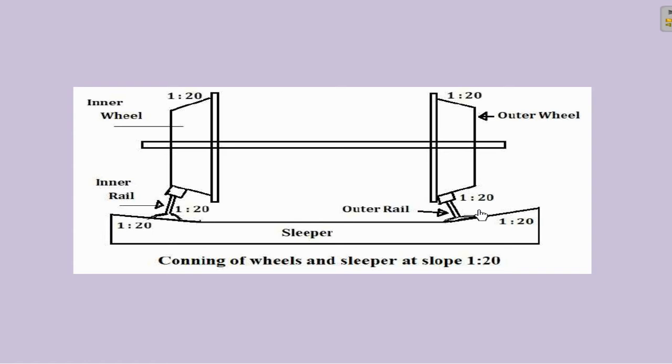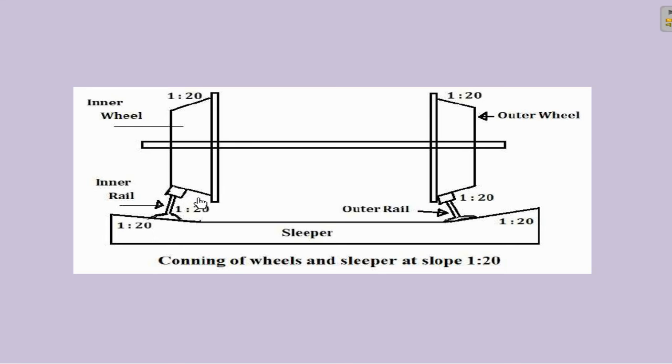So this becomes the inner rail and this becomes the outer rail. Now, what you can notice here is, since we are providing the flange thickness more, when it is going to the left side, which is here, this is the outer wheel. There is no gap in between the rail and the flange portion. Whereas here, there will be a difference in this portion. Understood?